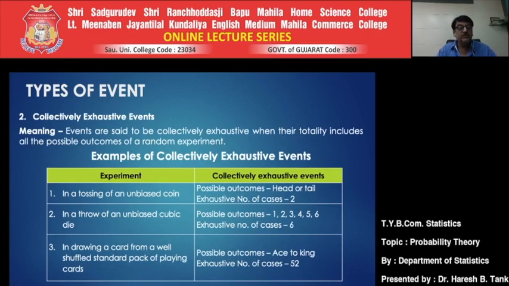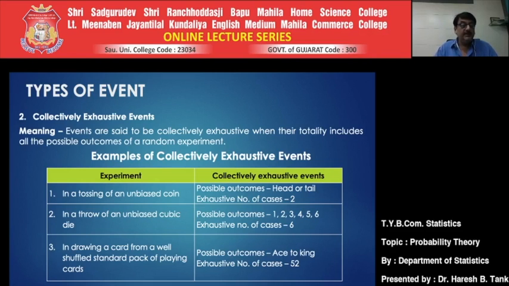Collectively exhaustive events. What do you mean by this? Events are said to be collectively exhaustive when their totality includes all possible outcomes of a random experiment.